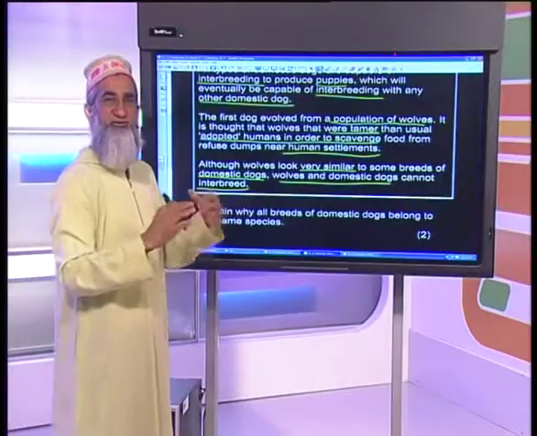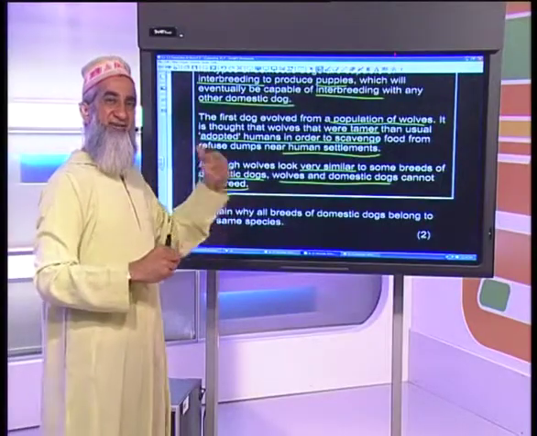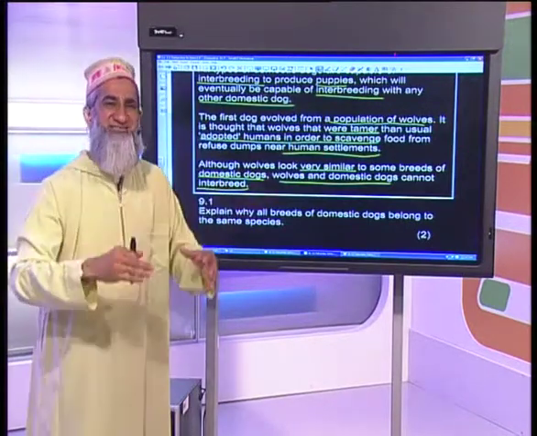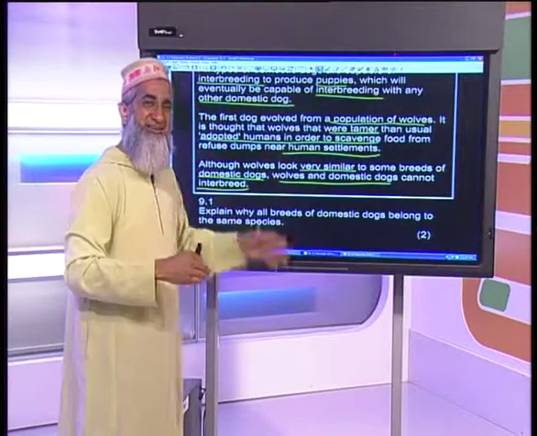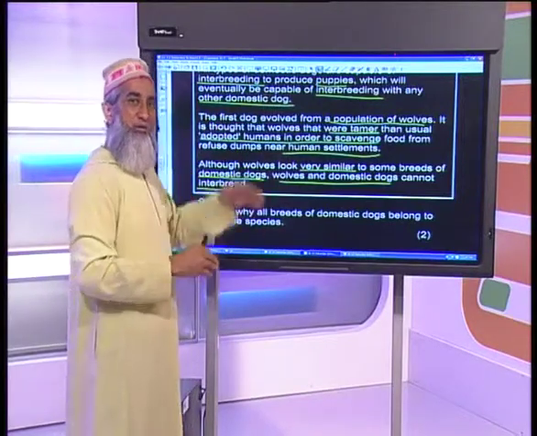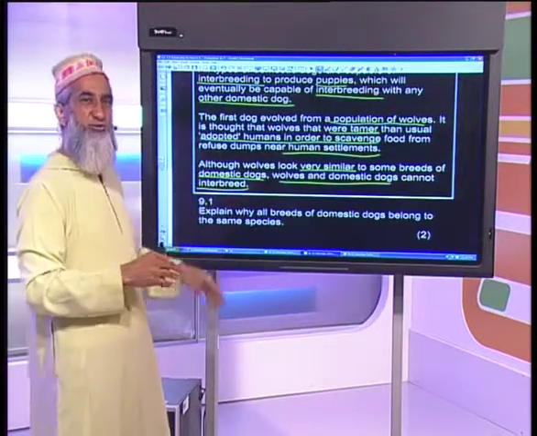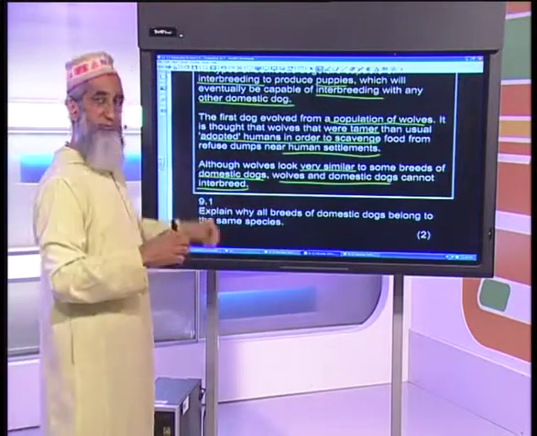Very important clues are given in this passage. That is why whenever you get a question, whether it's a passage or a data response, you must, I repeat, you must read very carefully the information before you jump into the questions, because very important clues are given in the diagrams or in the passages.